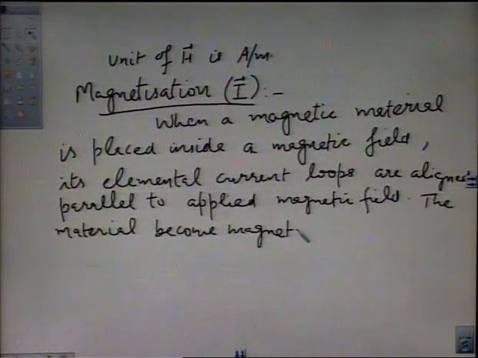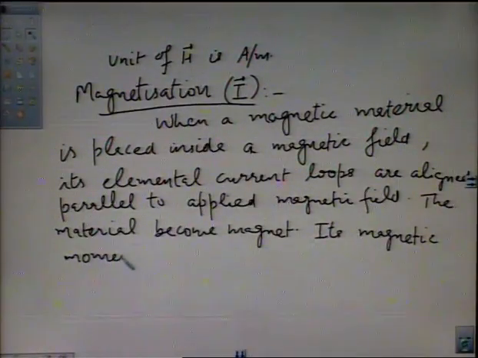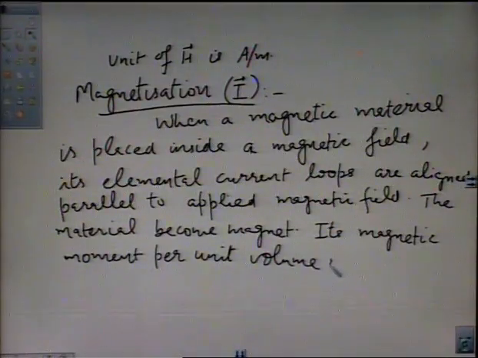So its magnetic moment per unit volume is called magnetization.